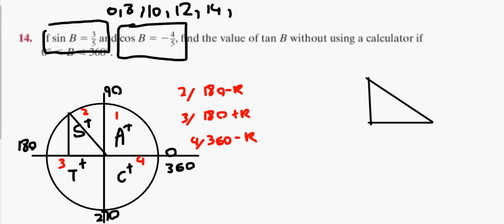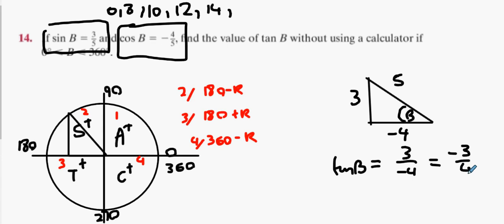So here's what I reckon we're looking at. We're looking at sine is opposite over hypotenuse, so that's 3 over 5. But unfortunately the adjacent is minus 4. So that means tan B is opposite over adjacent, which is 3 over minus 4, which is minus 3 over 4. And that's your answer.